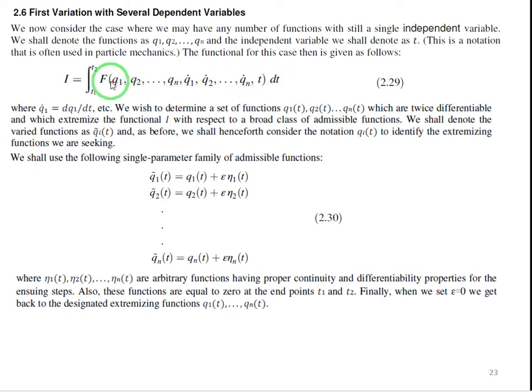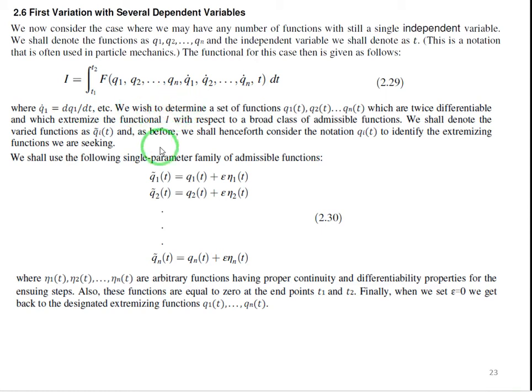dt. Let's say that q dot i represents the derivative of qi with respect to t, or in other words we can say q dot 1 is dq1 over dt, q dot 2 is dq2 over dt, and so on.